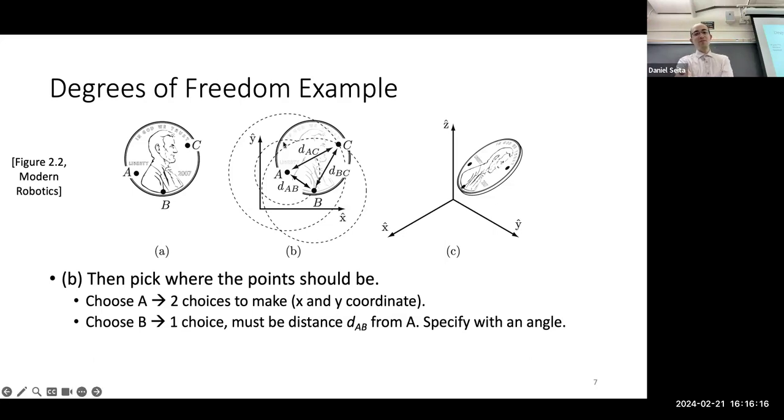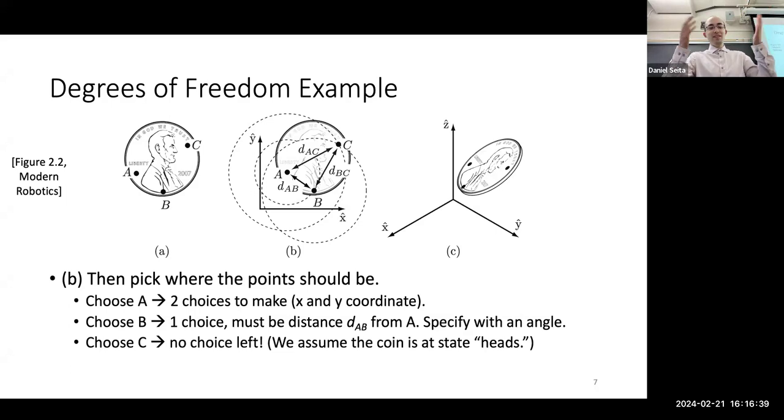You can kind of tell from the figure here, right? How many choices do you have for where C can go? Anyone? Yeah, so if you're given A and B, C is fixed basically. Does everyone see how that works?